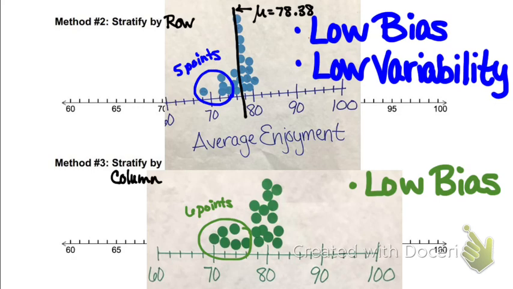With 78.38 being our true mean. Which one of these three methods did the best job of approximating what the true mean was? Which one had the most points that were the closest to the true mean?